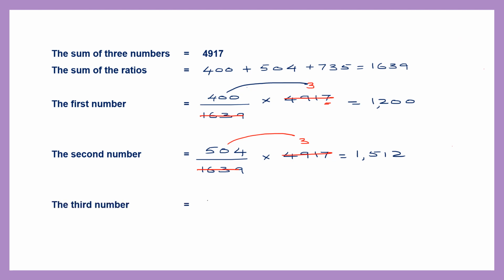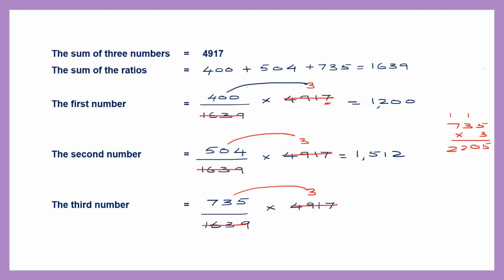Now let's do the same thing with the third number. The third number is 735 divided by 1639, multiply it by 4917. Since the cancelling has already been done, we just have to do this and write 3 here. Now multiply 735 into 3. 735 into 3. 3 5s are 15, carry 1, 3 3s are 9, plus 1 is 10, carry 1, 3 7s are 21, plus 1, 22.